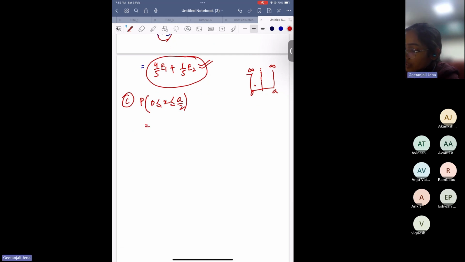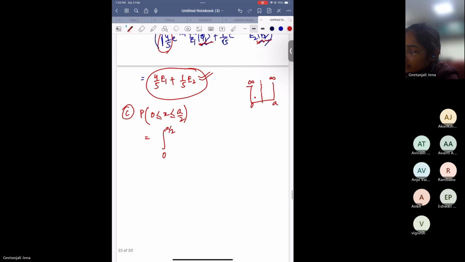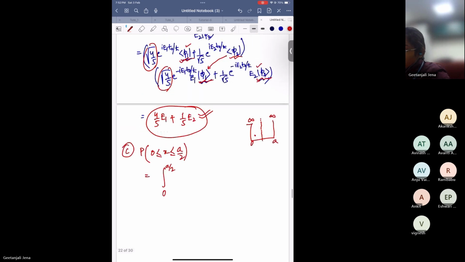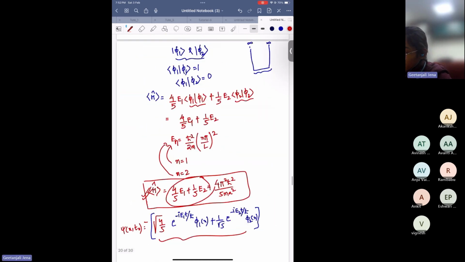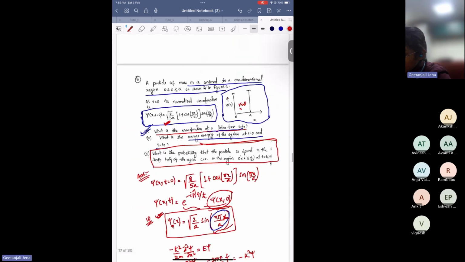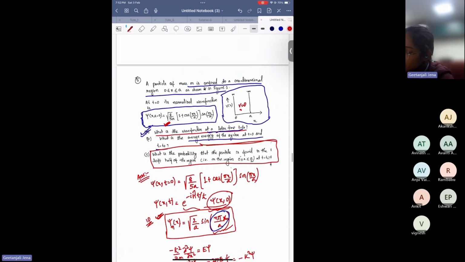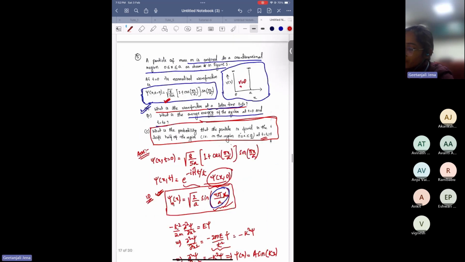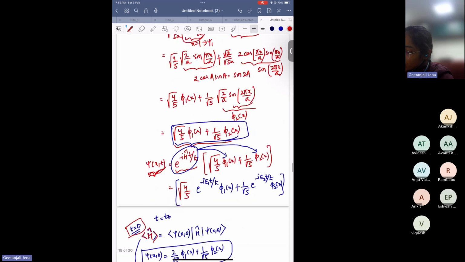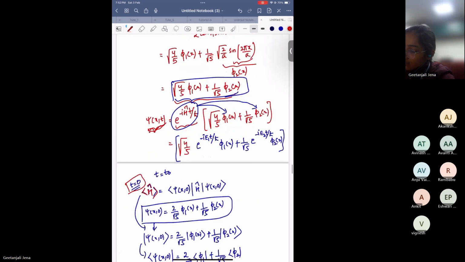So this is nothing but 0 to a by 2. Let me see the question again. It is asking about t equal to t0. So at t equal to t0, we have to take this wave function. Don't take the initial wave function.